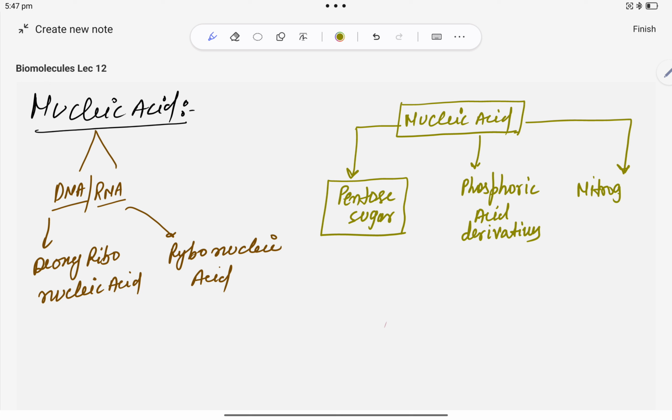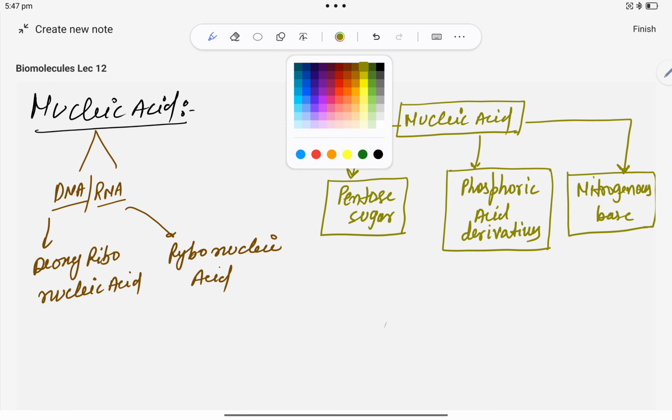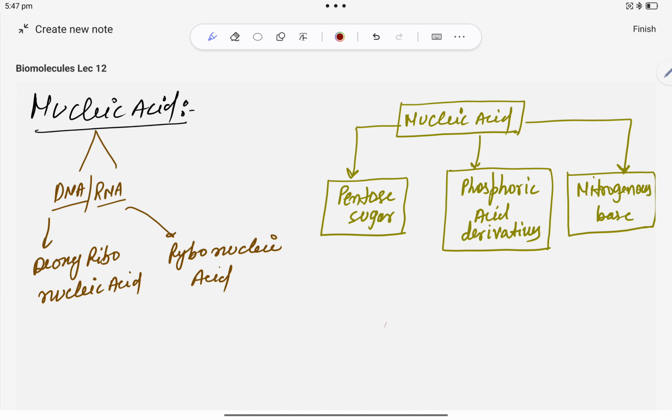So these are the three substances from which nucleic acid is formed: pentose sugar, phosphoric acid derivative, and nitrogenous base.